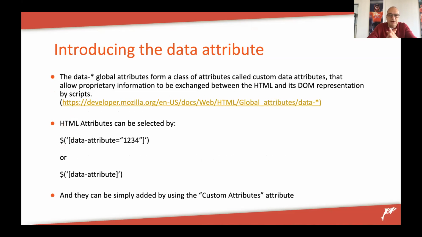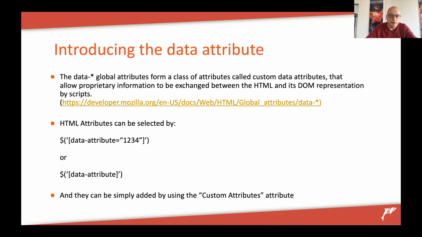But there is an HTML5 attribute, which is called data global attributes, which, if you put them on an element, can be used to specifically identify that element and not using ID.